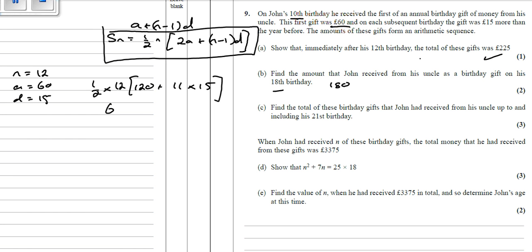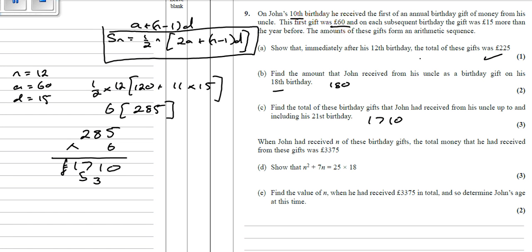So 11 times 15 is 165, plus 120 is 285, so it's 6 times 285. 6 5s are 30, 6 8s are 48, plus 3 is 51, 6 2s are 12, plus 5 is 17. So it's going to be 1,710.